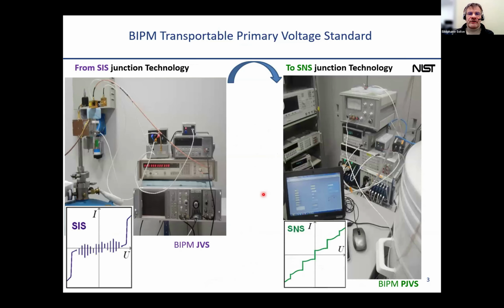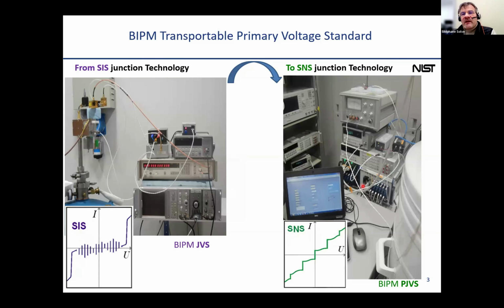This slide shows you the evolution in the transportable primary voltage standard that we have been using at the BIPM to carry out this comparison. All the points that you saw on the previous graph were achieved using the so-called conventional arrays based on superconducting insulator superconducting junctions. For some years, we have now switched to a much more modern system, which is based on SNS junction technology.